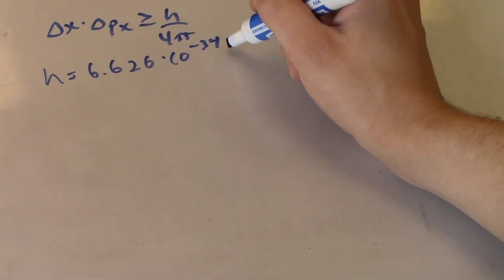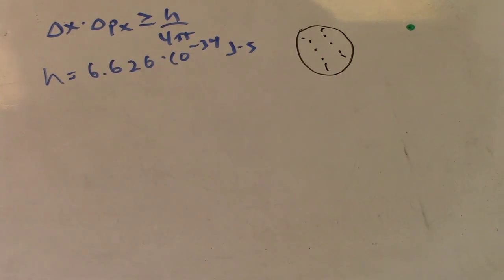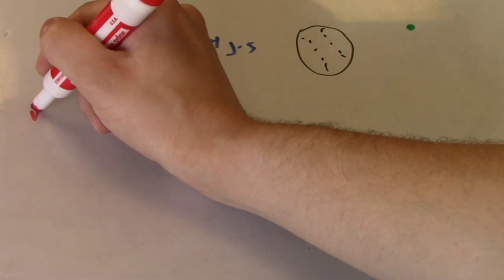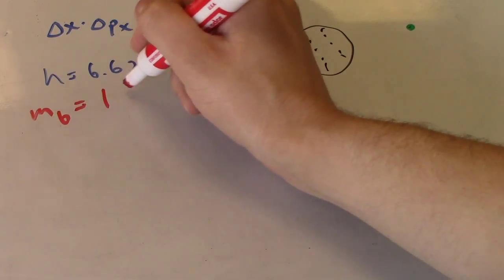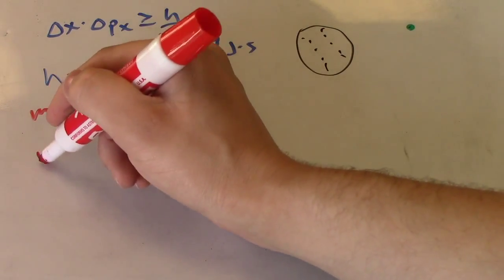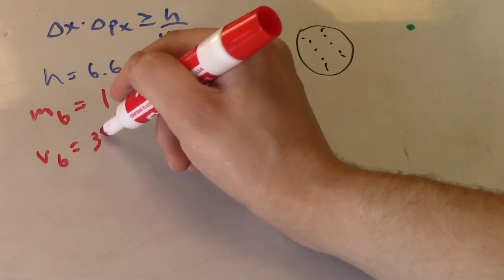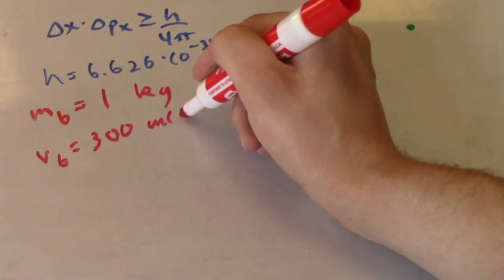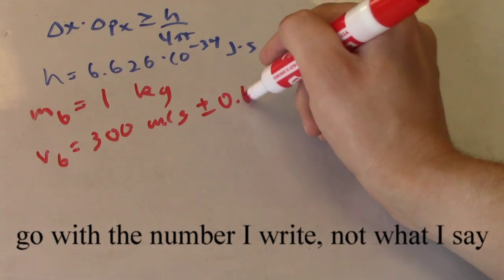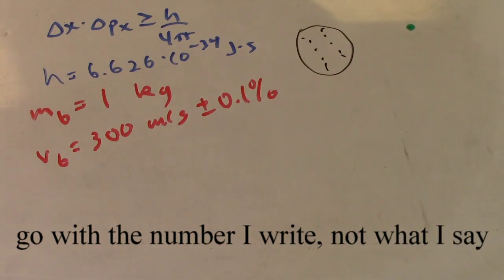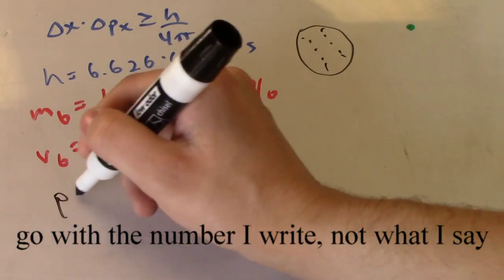To demonstrate this, we're going to calculate the uncertainty in position for both a baseball and an electron, given the uncertainty in momentum. Starting with the baseball, let's say it has a mass of 1 kilogram, is traveling at 30 meters per second, and we know the speed to within 0.1%.